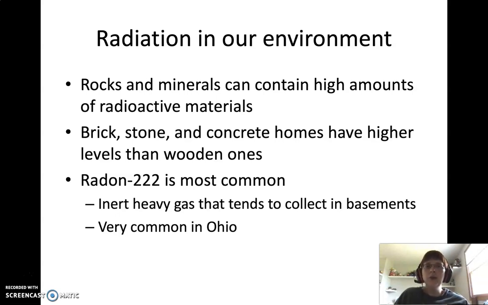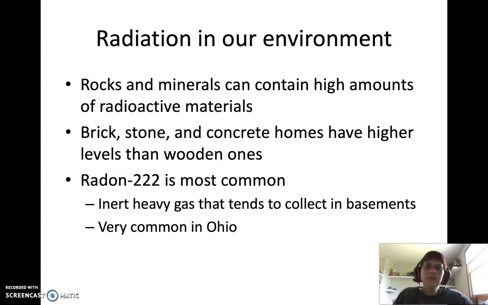It was installed before I moved in because the amount of radon detected was higher than what's considered safe. The problem is that it is inert, so it doesn't react with anything, but the gas builds up on the floor level, and it tends to collect in basements because it's coming in from the rock around you in the ground. And so it breaks down and then settles in the basement area.